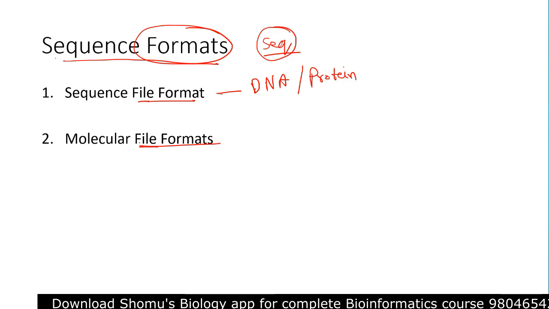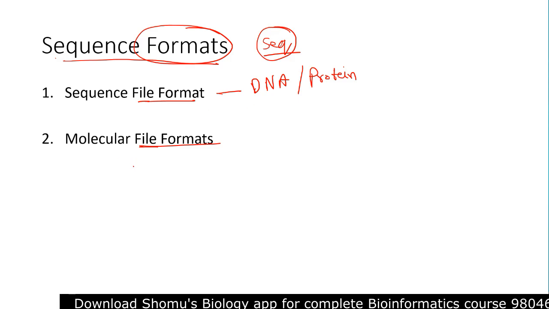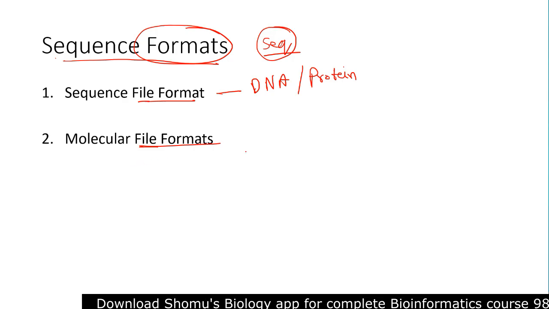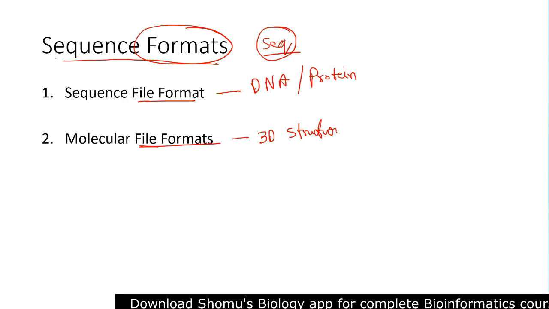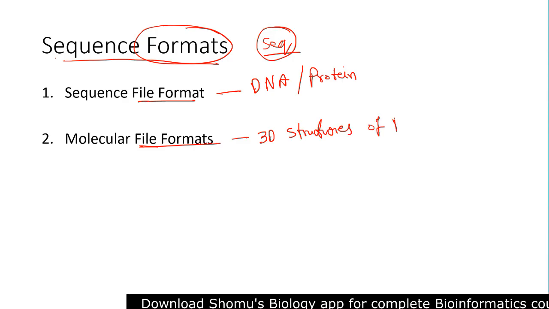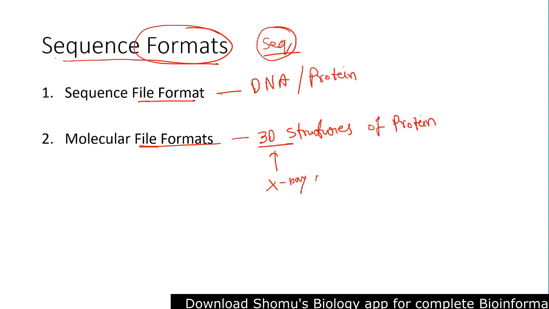There are few examples, and there is this molecular file format. They are a little different. Molecular file formats mostly are composed of 3D structures of protein, and basically the data that we obtain is from X-ray crystallography.